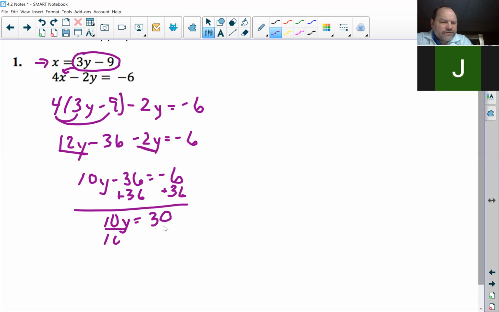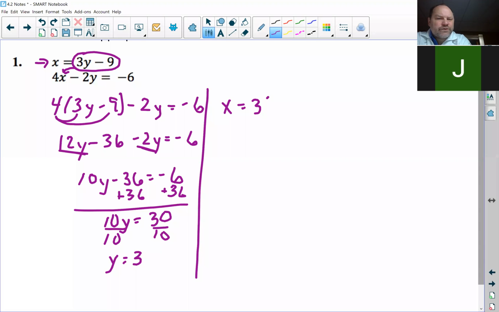Divide by 10. y equals 3. To check my x value, I take that 3 and I'm going to plug into that first equation. It said y was equal to 3. So x is equal to 9 minus 9. That would mean x is 0.